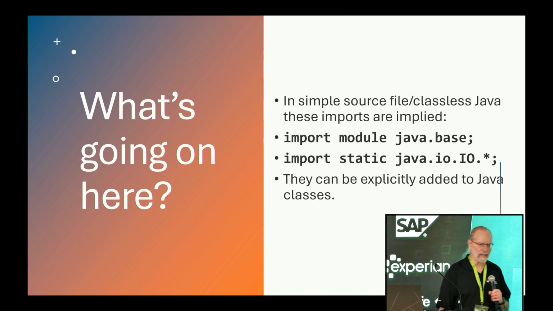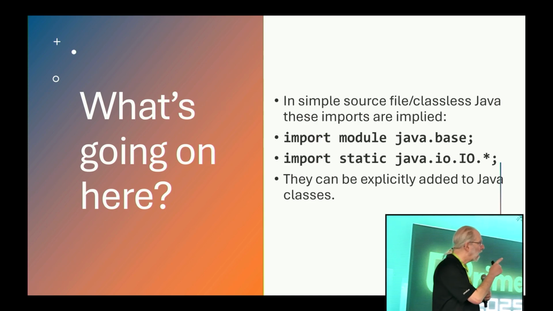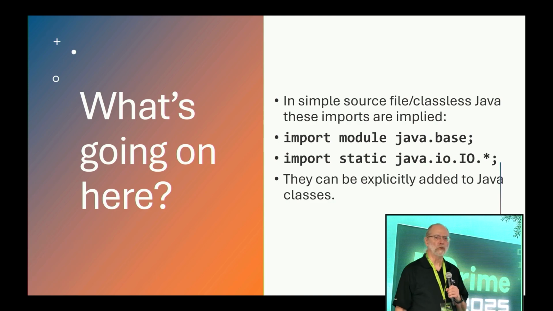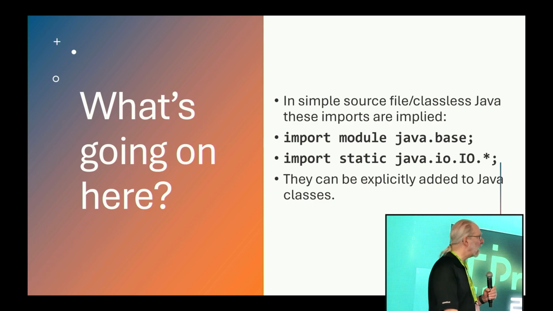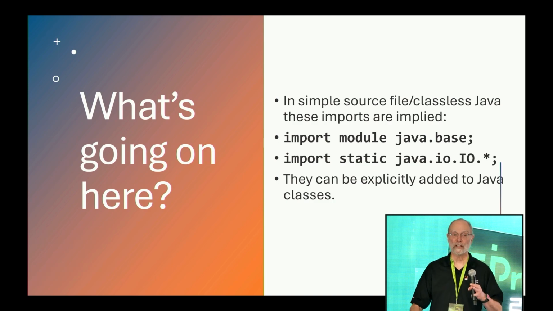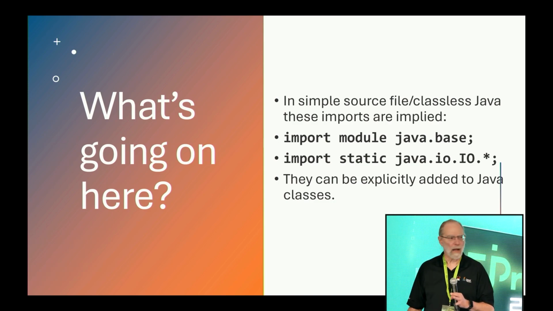So what's going on here? There are two imports that you don't see in classless Java. And they are the import module java.base. How many of you have seen this? Oh, wow. You don't know what you're missing.